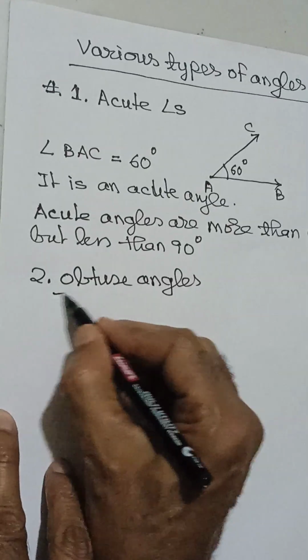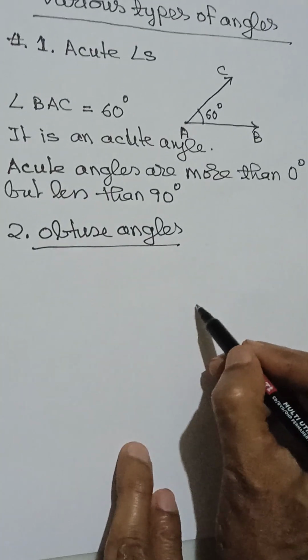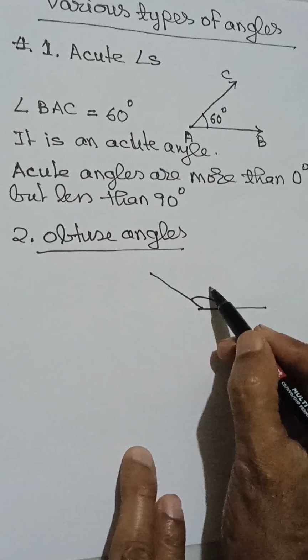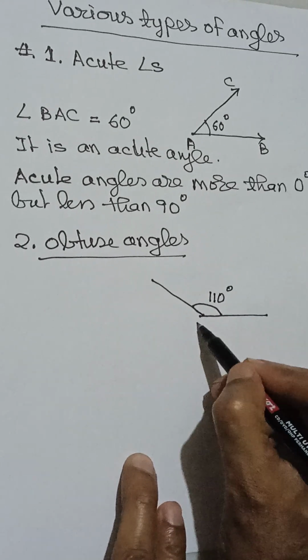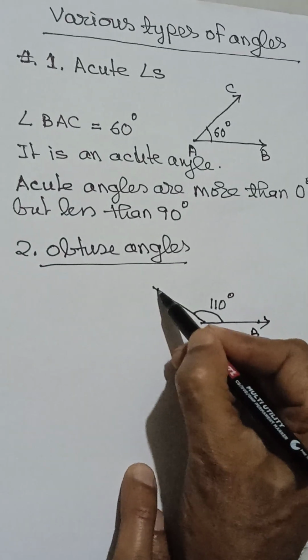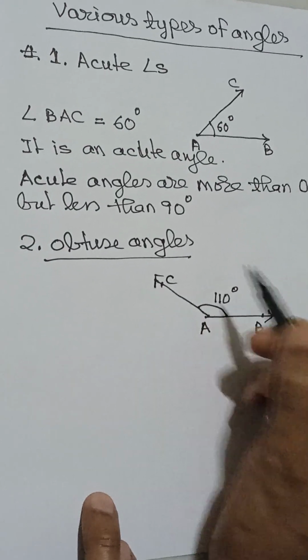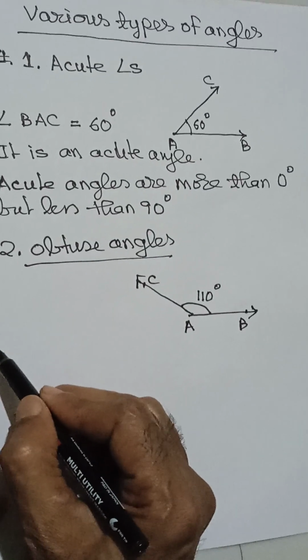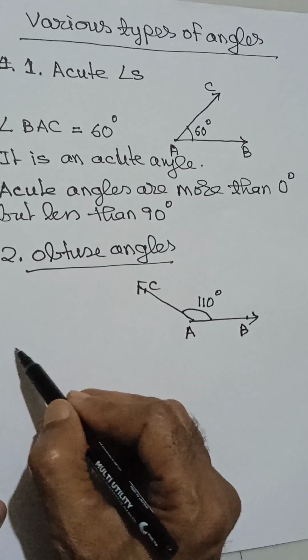Obtuse angles. So an obtuse angle will be like this. Suppose it is 110 degrees. Here it is A, here it is B, here it is C. And if we make it from the right side, then the angle will be like this.